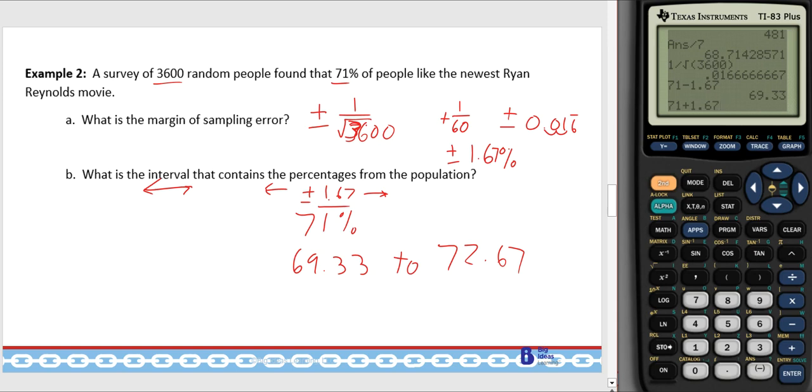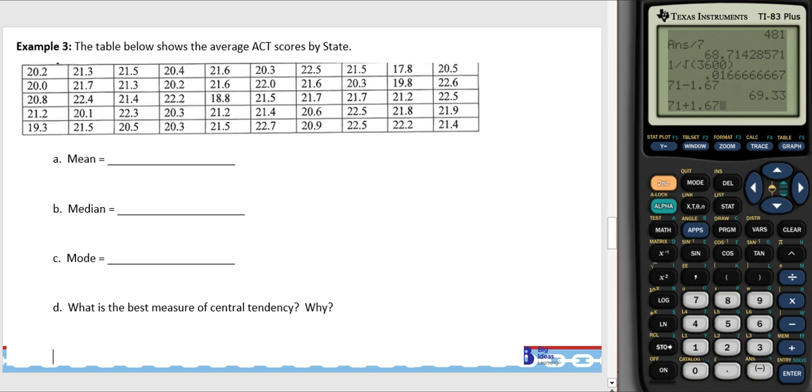Looking at some of the other examples, this one, we have ACT data. So ACT would be the less famous competitor of SAT. So looking at their data, they have the average scores by state. And it would take you a minute to add those up. So I'm just going to tell you ahead of time that the sum of the data would be 1059.